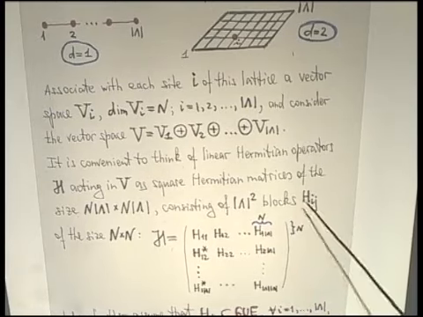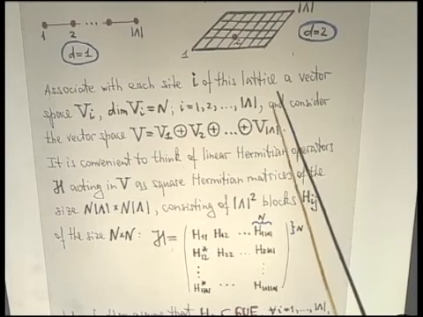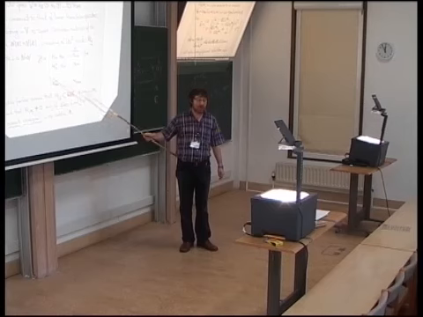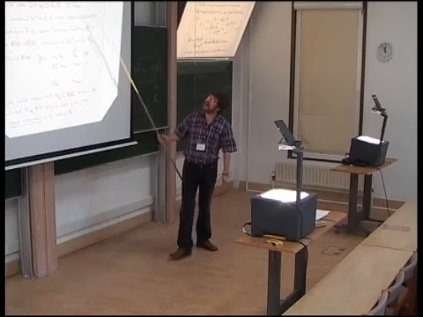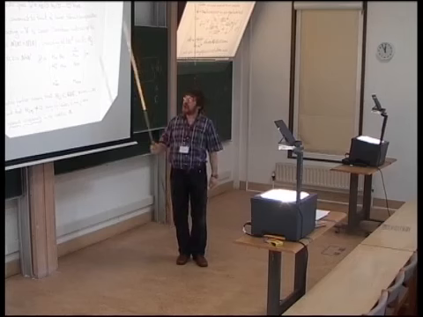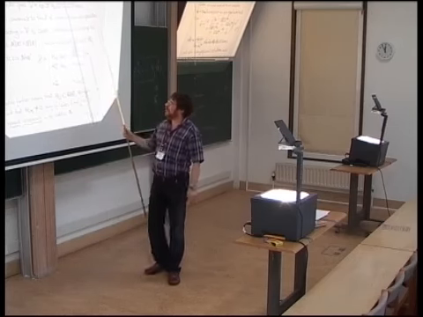Moreover, although it's not necessary, it will be very convenient for us. We could consider an arbitrary structure of the matrix here, but to reflect the spatial structure, let us assume that the off-diagonal blocks H_ij, with i not equal to j, are non-zero only if sites i and j are nearest neighbors in our lattice.